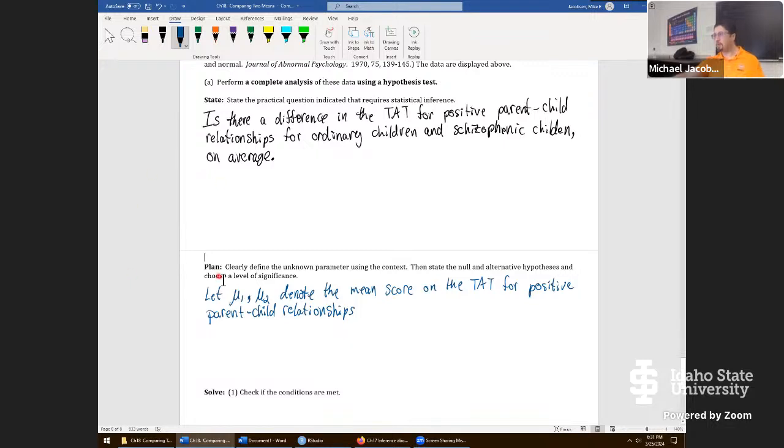Then we have to say the populations. For mu1, we'll say for ordinary children. And for mu2, we'll think of the schizophrenic children. Then to make this fully grammatical and sensible, we'll just say respectively. And now we have a one-to-one correspondence between mu1, mu2, normal and schizophrenic.